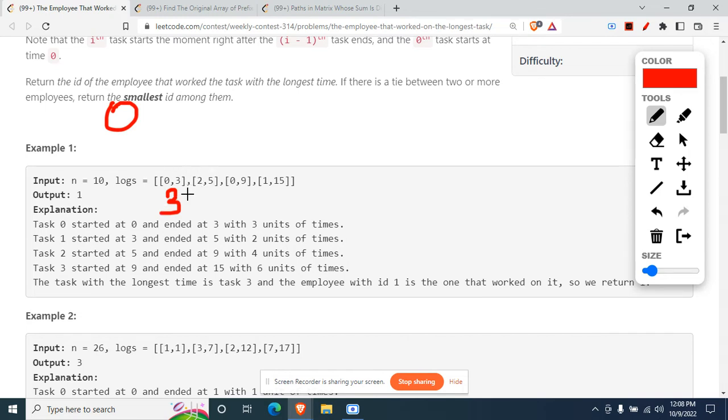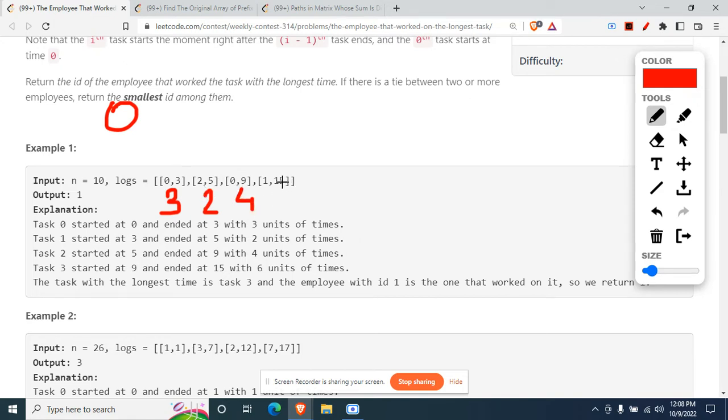After that, the first employee leaves, and the second person will start working at the third minute and end at the fifth minute, right? So how many minutes did the second worker work? It is 2 minutes, that is 5 minus 3.